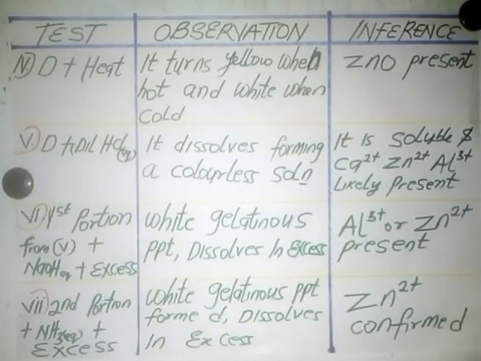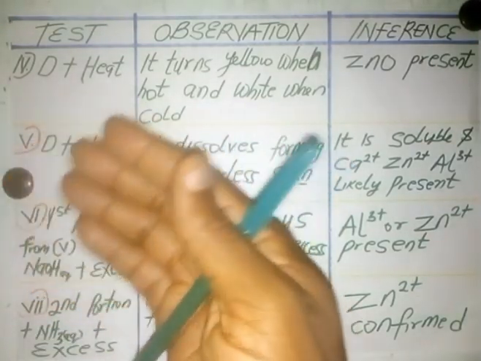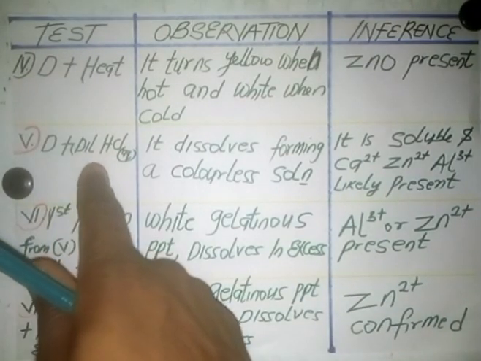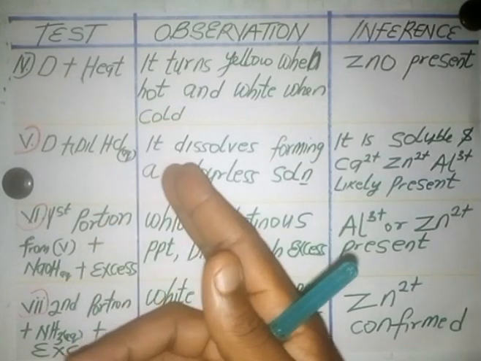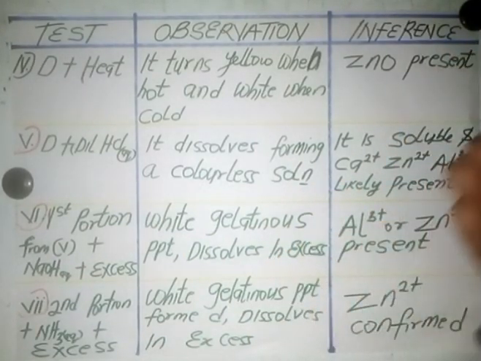Then the next one, a portion of D will also react with dilute HCl. Yes, zinc oxide reacts with acid, but it's not soluble in water. So I said it dissolves, forming a colorless solution. So the inference is that it is soluble.